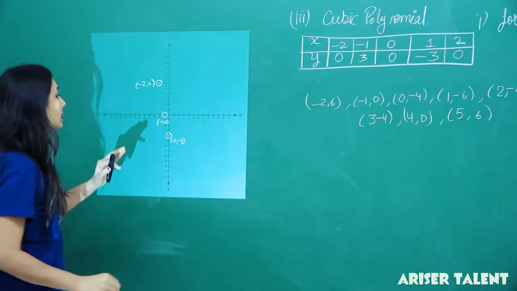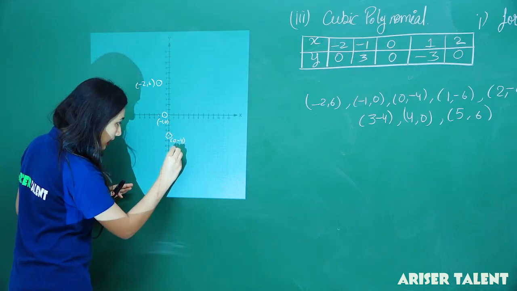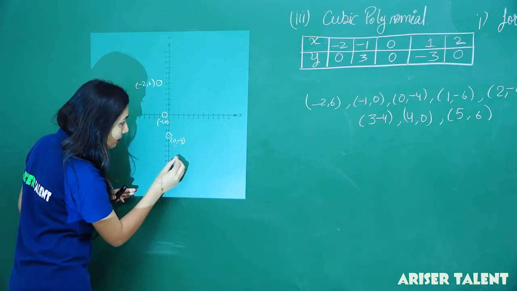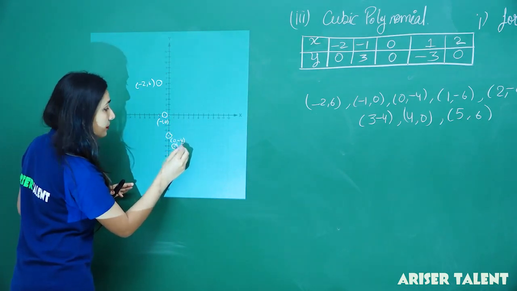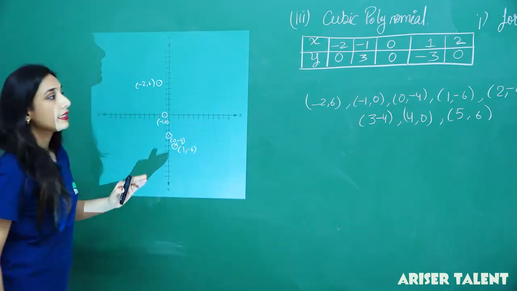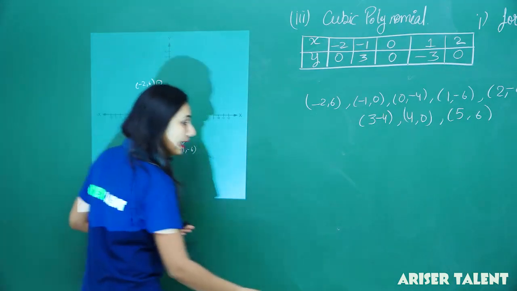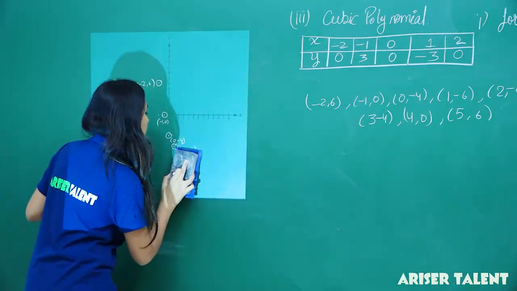Then 1 and minus 6. 1 is here and minus 6 is what? That will be here. So that will be 1 and minus 6. Now again 2 and minus 6.